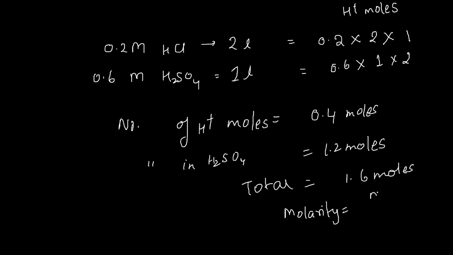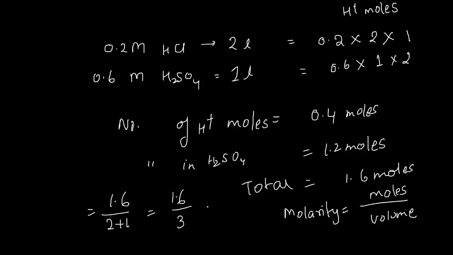Now what is the molarity? Molarity is moles divided by volume. So molarity is equal to 1.6 moles divided by 2 plus 1, which is the total volume, so you can say the molarity of the solution is going to be about 0.5.